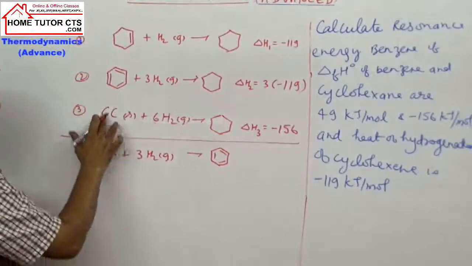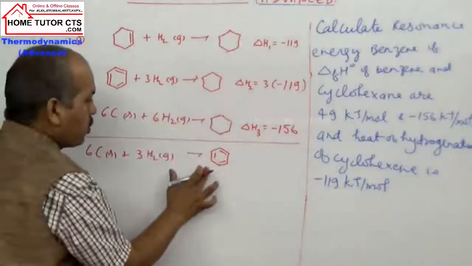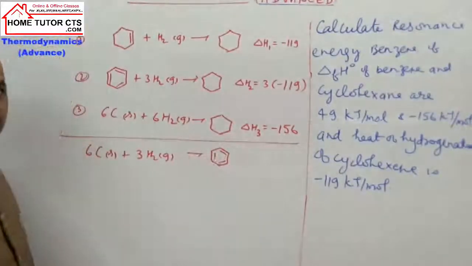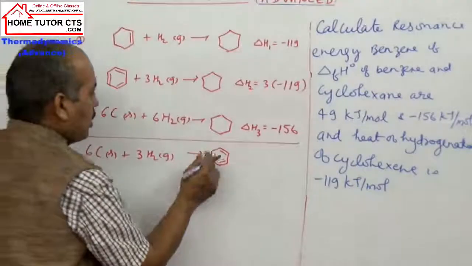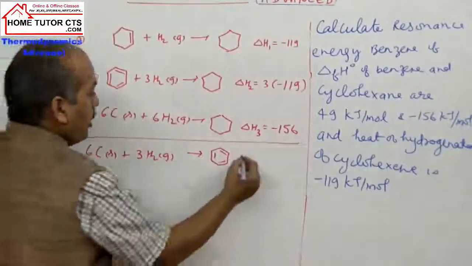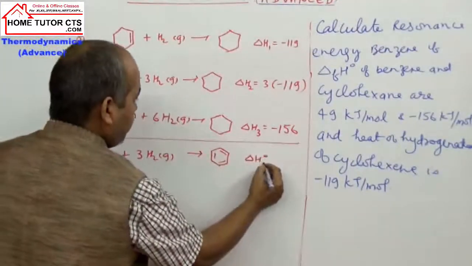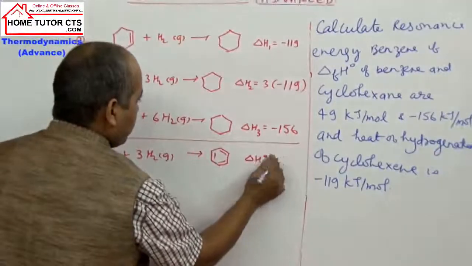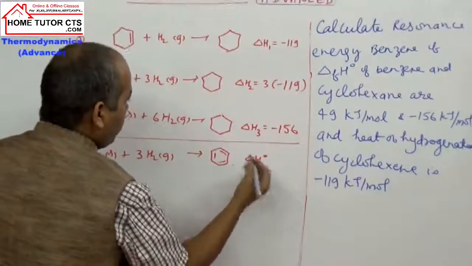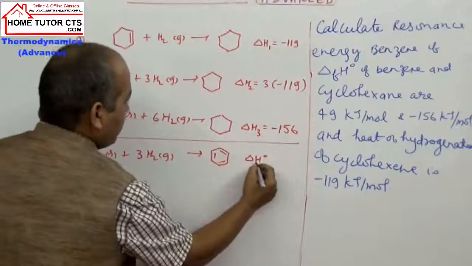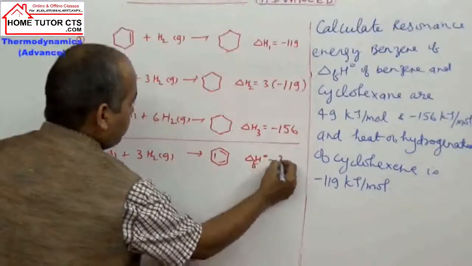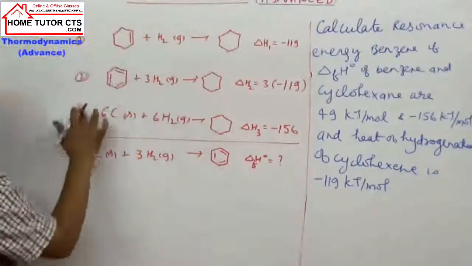So from these two equations, we can get this equation. From here you can get the theoretical heat of formation. This value is the theoretical formation value, it is formation only. So you can link these two equations.